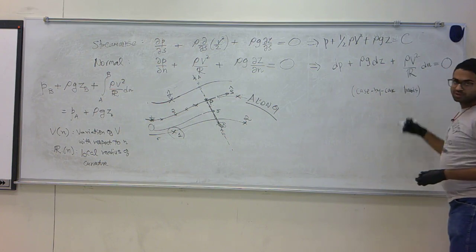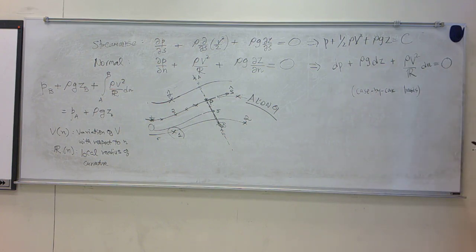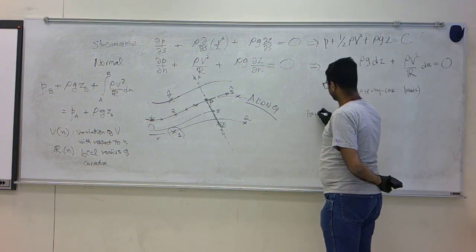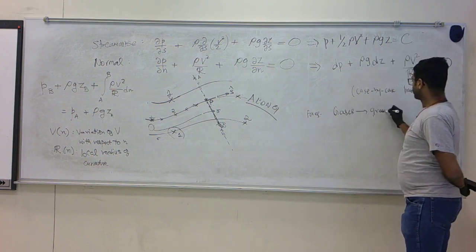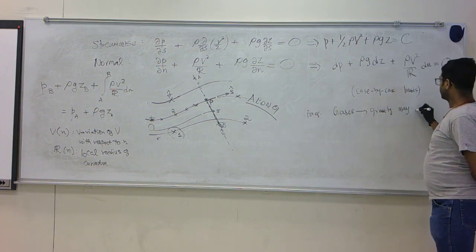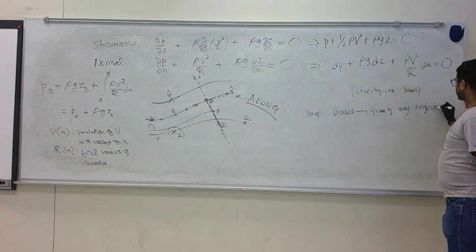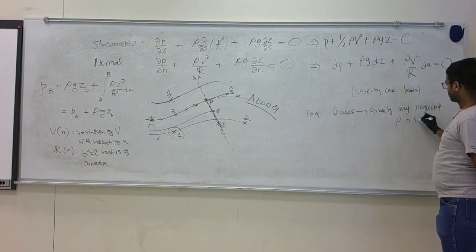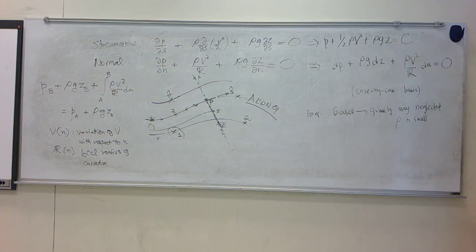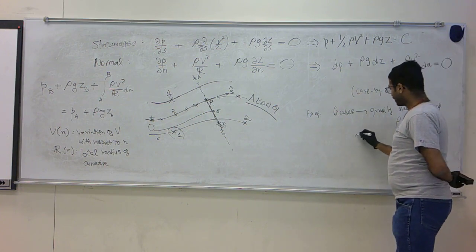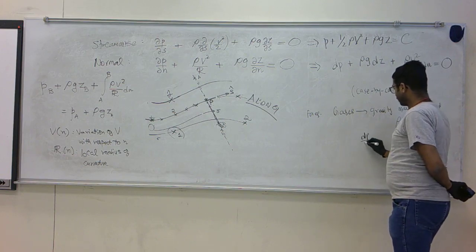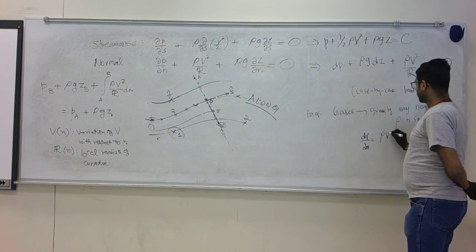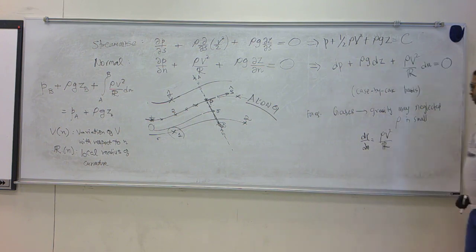For certain problems, this equation simplifies to rather simple forms. For example, if you have gases, then gravity can be neglected because density is quite small. If you have gases at low speeds, in that case you have dP over dn equal to rho v squared over r.